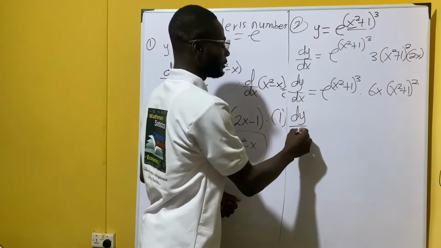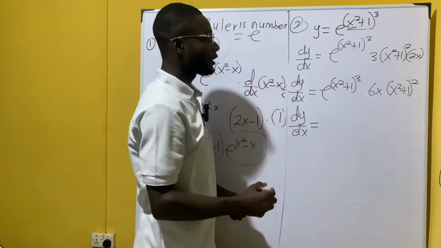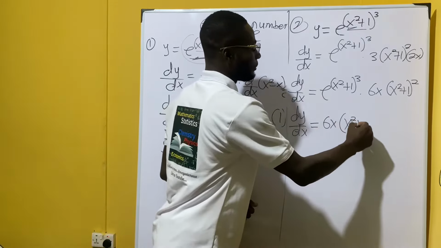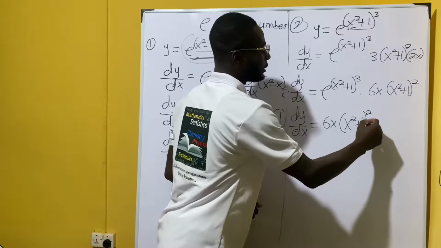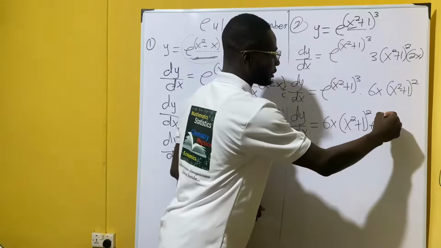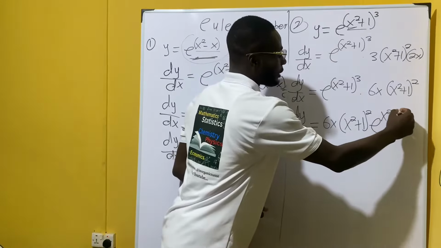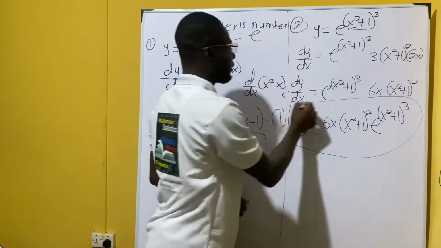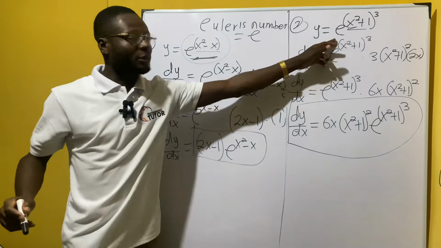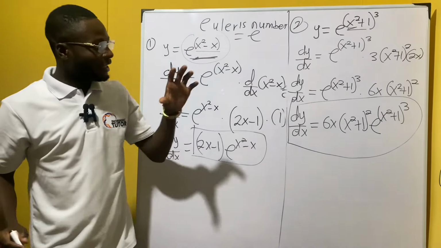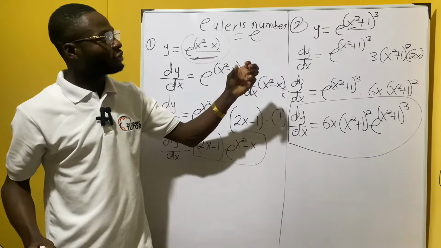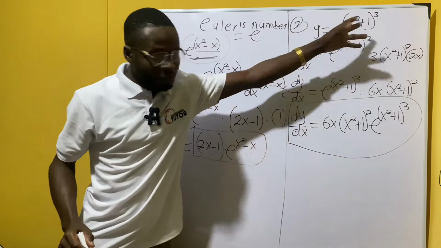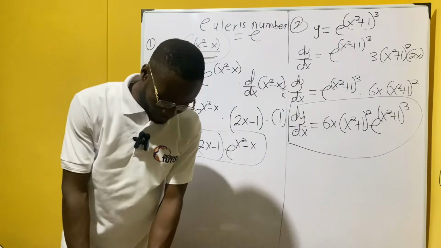So we have here dy dx equals 6x into x squared plus 1 all squared, then we have our function e power x squared plus 1 all cube. And that becomes our final answer to this particular problem. So the key idea is that you have to know when to use the chain rule. We have to apply the chain rule over here.